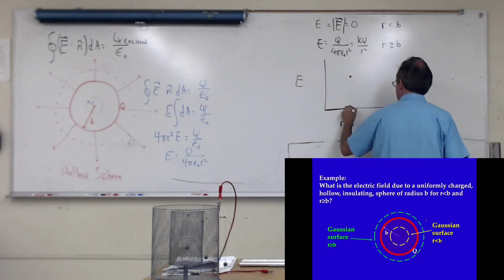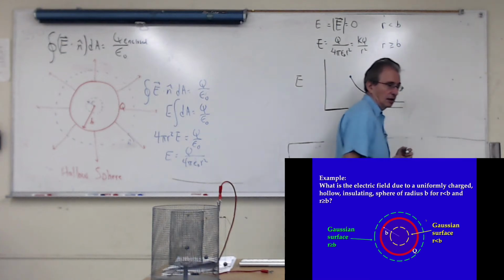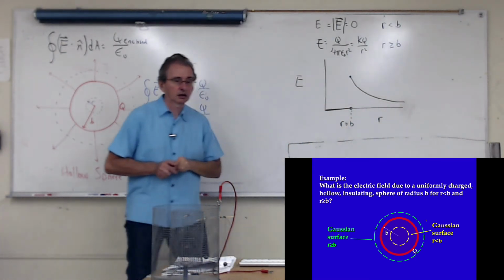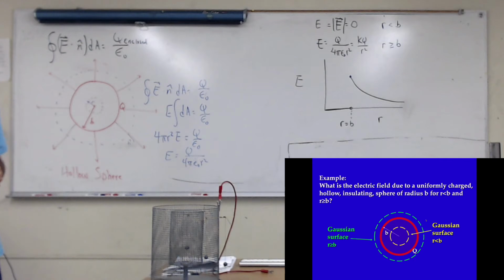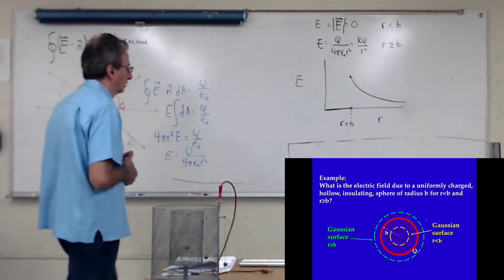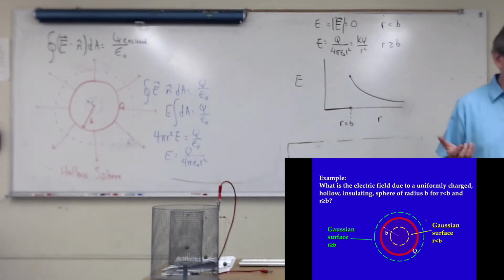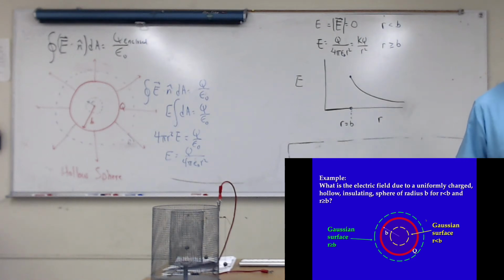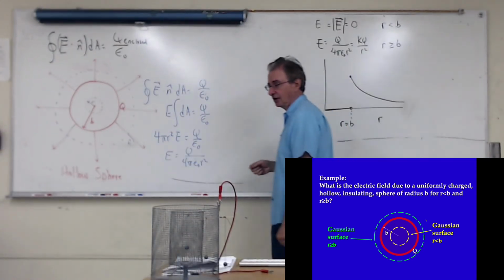This is an open circle. Looks like that. And this should make sense because it acts like a point charge. Okay. And so this is the easiest example you can do.